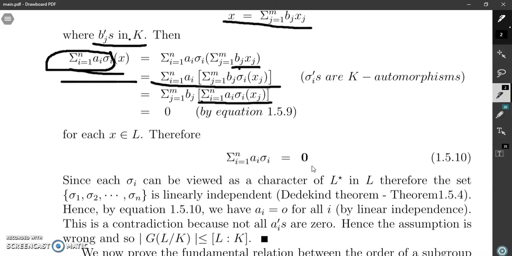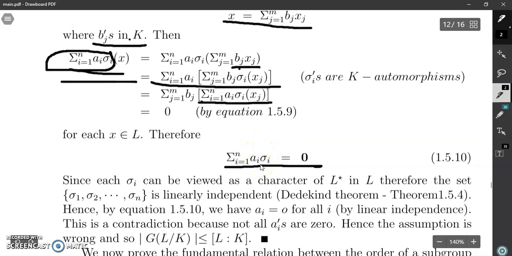Now observe that every sigma i can be viewed as a character of L star in L. And we have also observed, by Dedekind's theorem, that the set of all distinct characters forms a linearly independent set. So since sigma 1, sigma 2, dot dot sigma n are linearly independent, this equation shows that each coefficient will be 0.